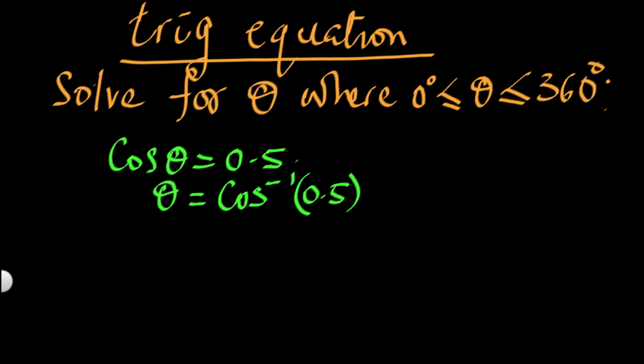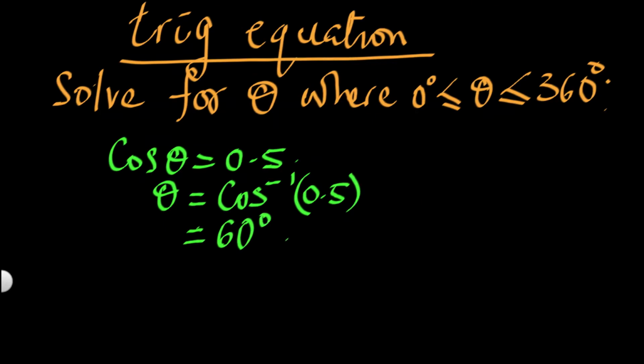Since our theta is supposed to be in degrees, you make sure that your calculator is also in degree mode. So I punch arc cos 0.5 in my calculator. I get theta equals 60 degrees.